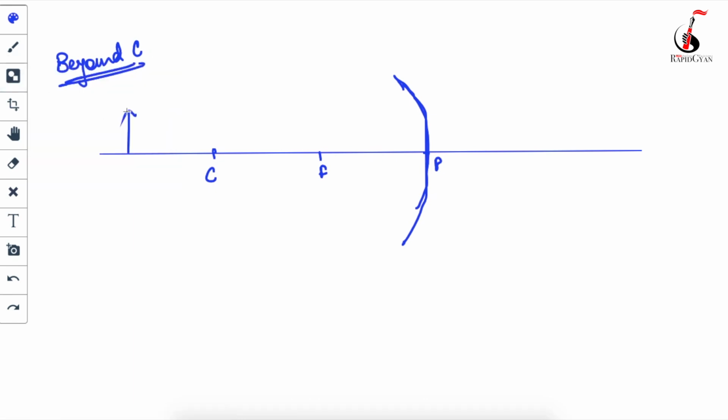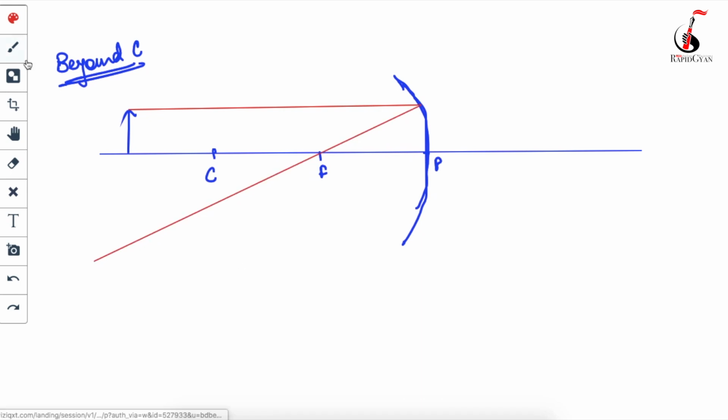Again two light rays will go. Let me change the color. One light ray will be parallel. What will happen if the light ray goes parallel? It will pass via your focus, correct?